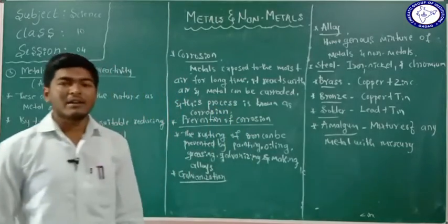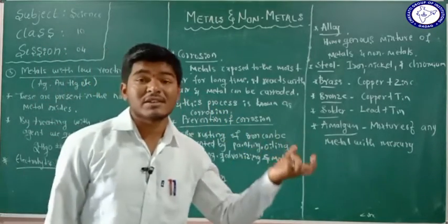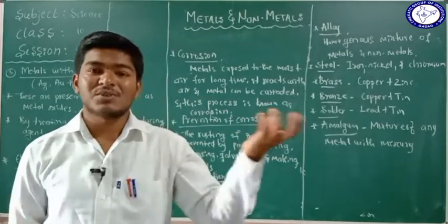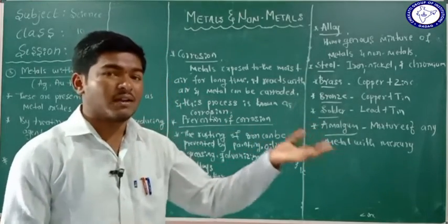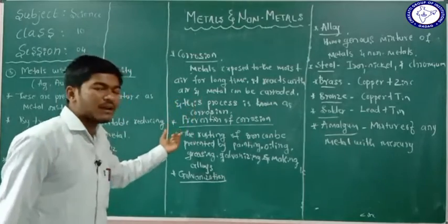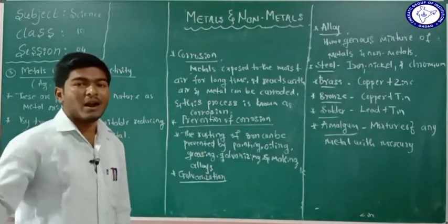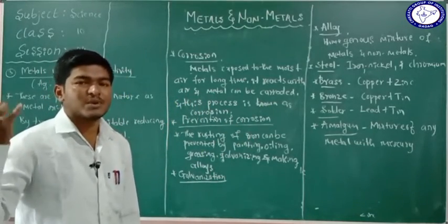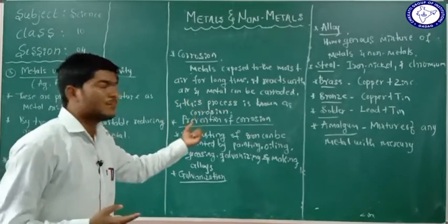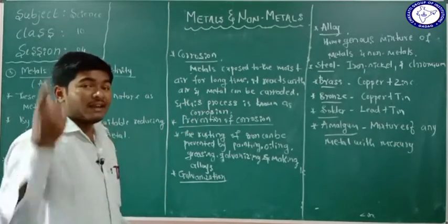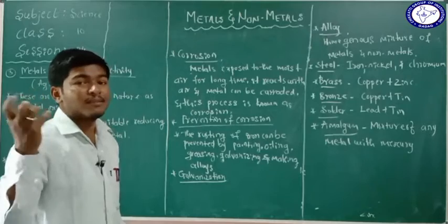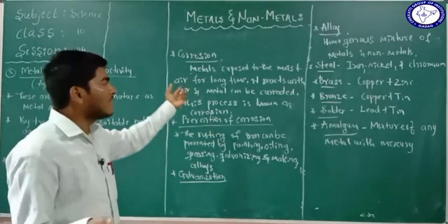When any metal is exposed to moist air, as we know already, metals react with oxygen and with water. So when you expose metals to the air for a long time, the oxygen present in the moist air reacts with the metal and forms a thin coated layer, brownish or black in color.